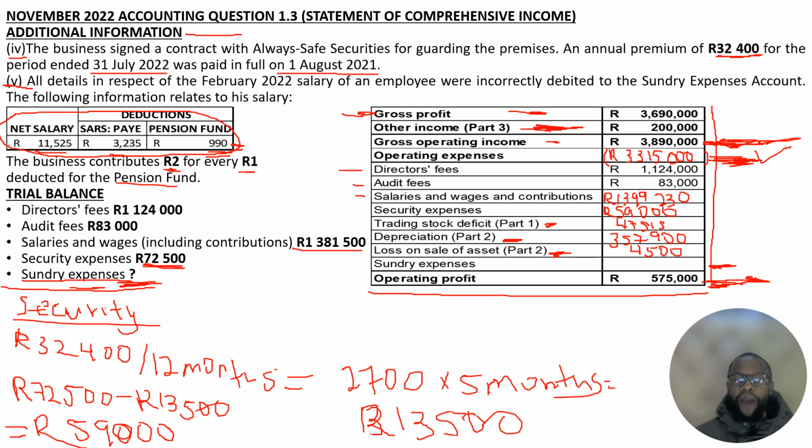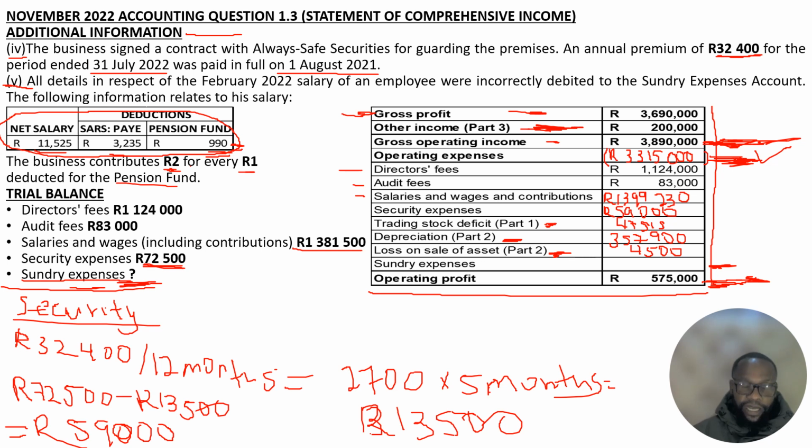That will be our sundry expenses. So we take that 3,315,000 that we've calculated, and then we deduct directors fees of 1,110,24.